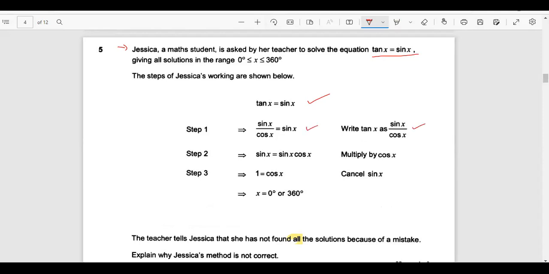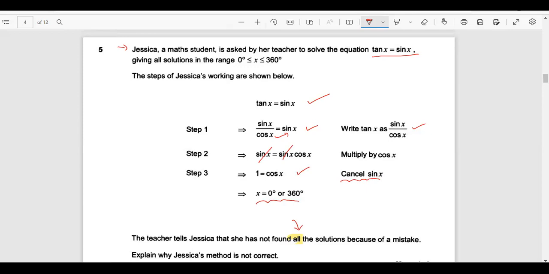She took cos x to the other side and it gave her sin x equals sin x cos x, and she did cancellation of sin x. So she got one equation, and the answers according to this are correct. But the problem is that she did not find all the solutions.